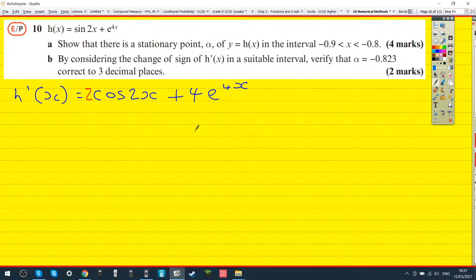So that's the h dash of x. And then do I do equals to 0? Yeah. But we're trying to show that there's a root between these two values.